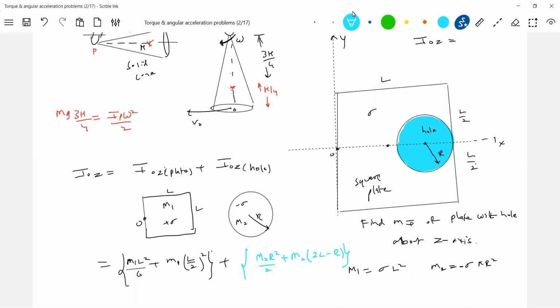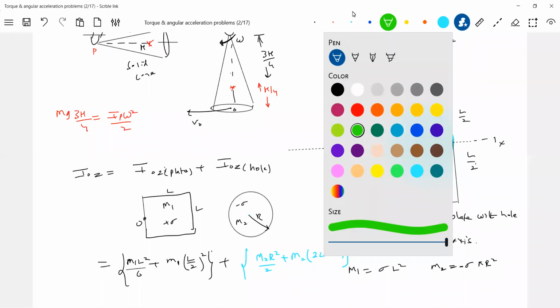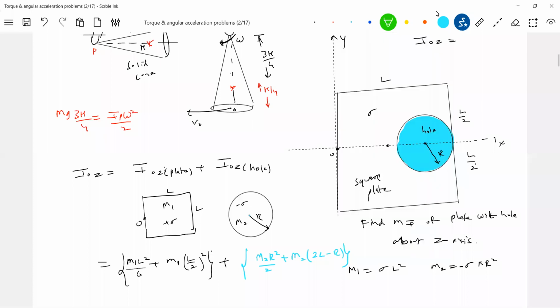Solve this and you'll get the required answer. But you have to substitute m2 with a negative sign. You should not forget that here, otherwise you'll go wrong. This is something very important. For your convenience I'll write plus, and that will be a negative sign. Please do notice the signs.